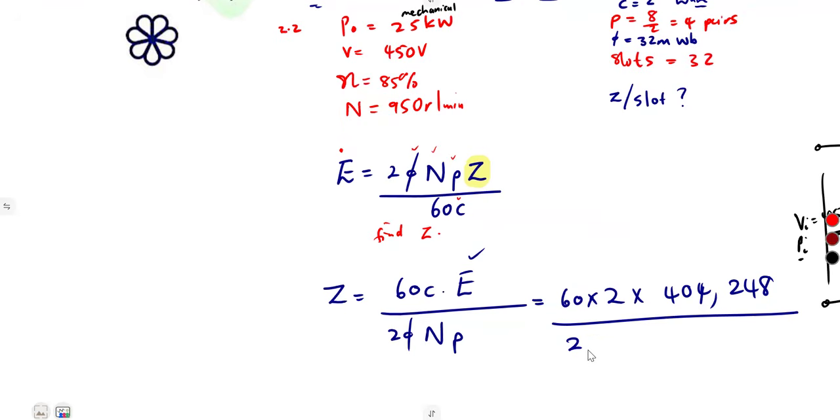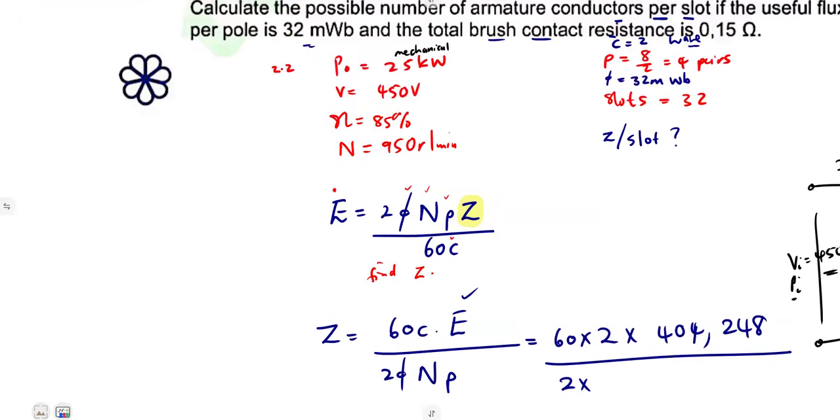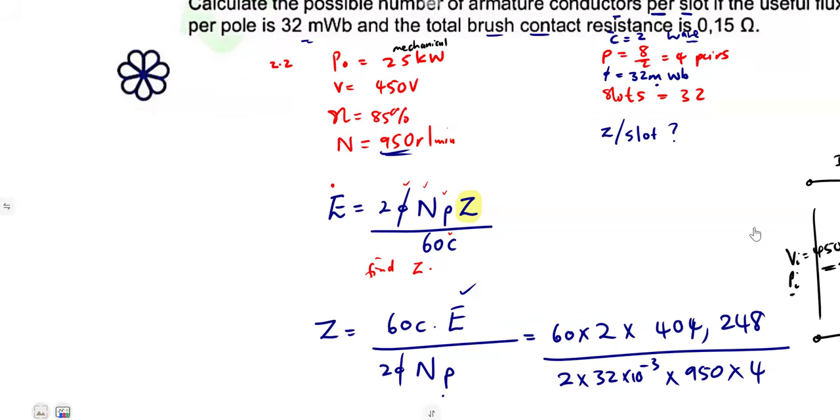Everything over 2 times the useful flux. We have got everything, 32 milliwebers, so that's times 10 to the exponent of minus 3, times N. Remember, we've got the 60, so our N must be in revs per minute. 950 times P, which is the pole pairs, which is 4. Just like that.